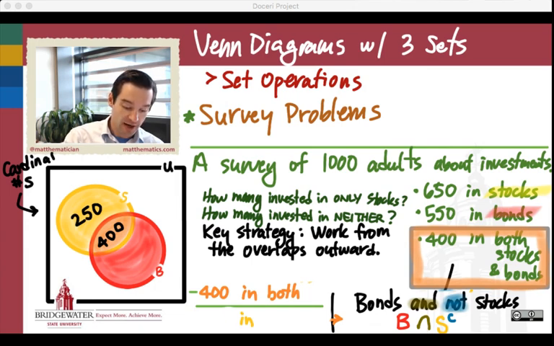And there's, according to our data, 550 of them. So there's 550 people that are invested in bonds, 400 that are invested in both stocks and bonds. And so if I want to know how many are left over inside of this red circle but not inside of the yellow circle's overlap, I just need to subtract 550 minus 400, and I find out that 150 are in only bonds and not stocks.